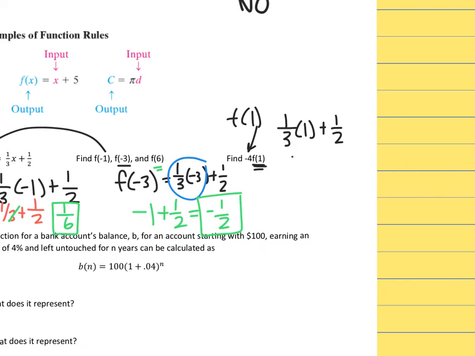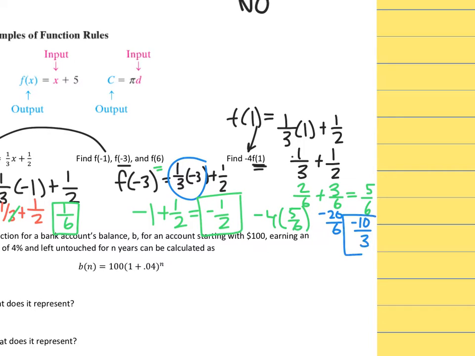So f of 1 is 1/3 plus a half. I'm going to get a common denominator of 6, so it's 2/6 plus 3/6, which is 5/6. But then I'm going to multiply -4 times 5/6. So this is -20/6, which is -10/3 is my answer.